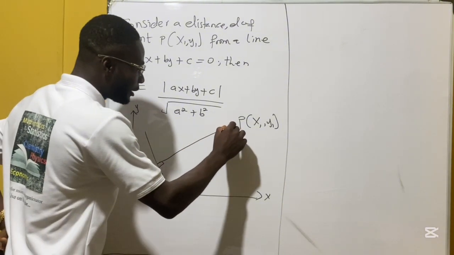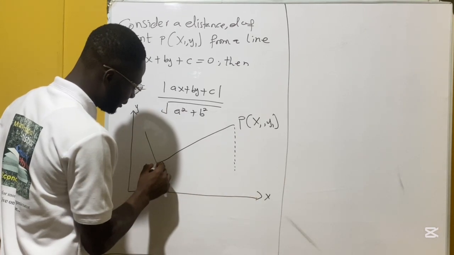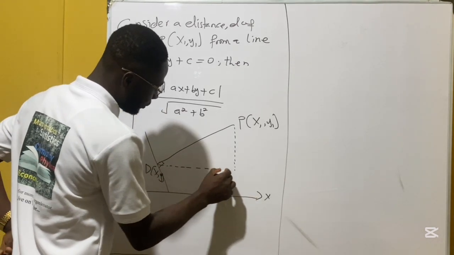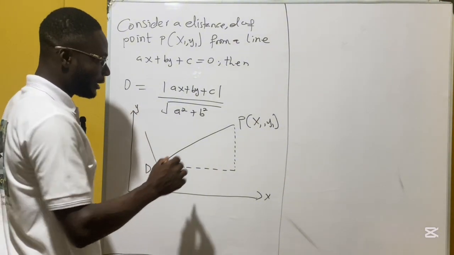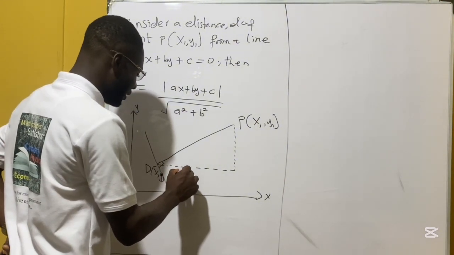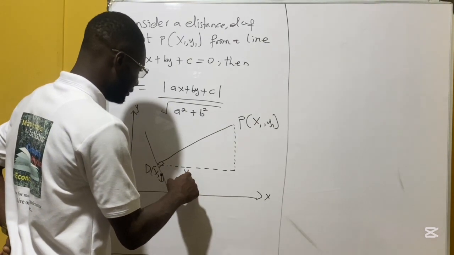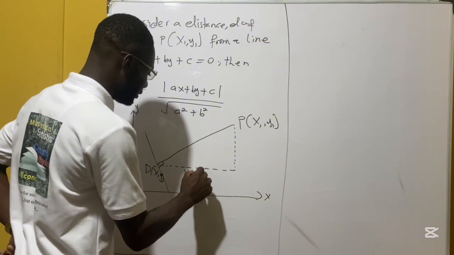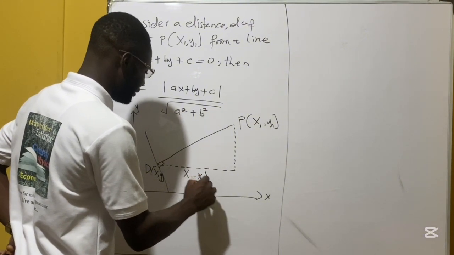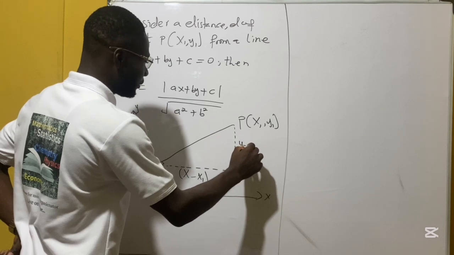So we can trace this here. We can see that this is a right angle, and so this part is x minus x1, and then we have y minus y1 here.